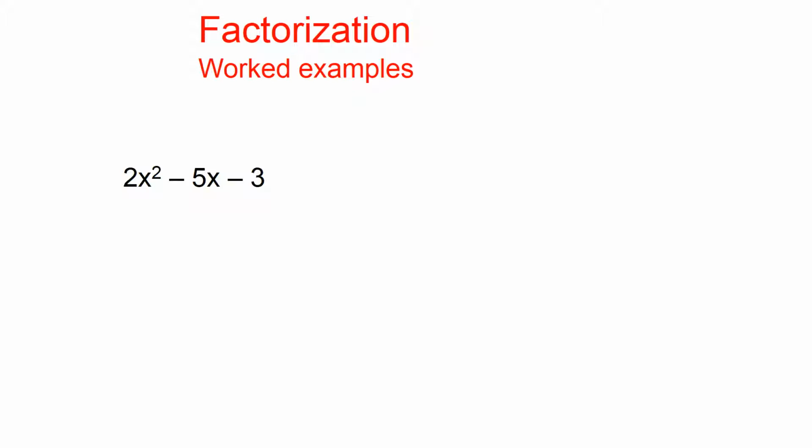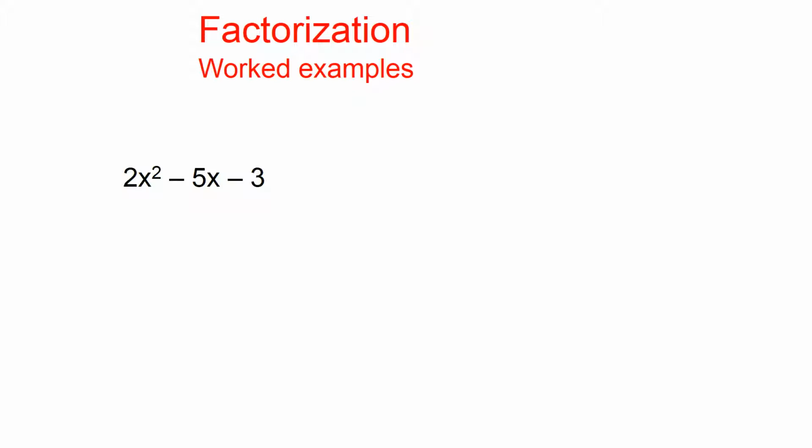If we multiply out this bracket, we're going to get 2x times x is going to be 2x squared. Looking pretty promising. And then we're going to have 2x times 3, which is 6x, plus 6x. And then when we multiply out the other bracket, we're going to have x times 2x.